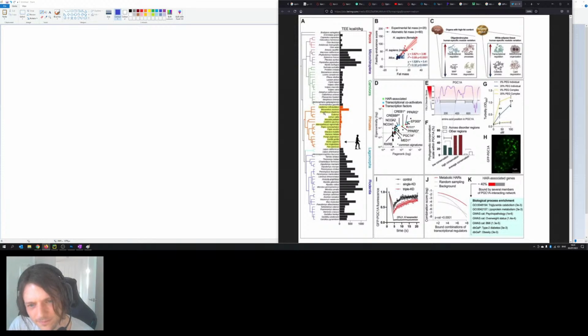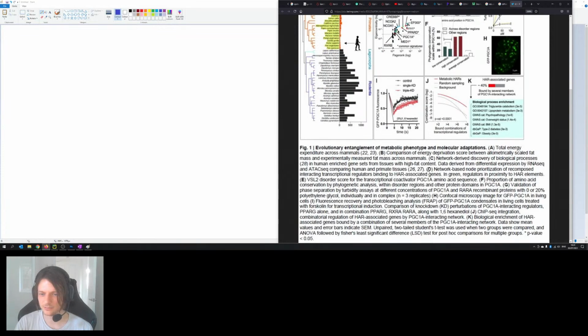Evolutionary stuff for primates, carnivores. Okay. Experimental fat mass. So all these differences. At the bottom, B is comparison of energy deprivation score between allometrically scaled fat mass and experimentally measured fat mass across mammals.